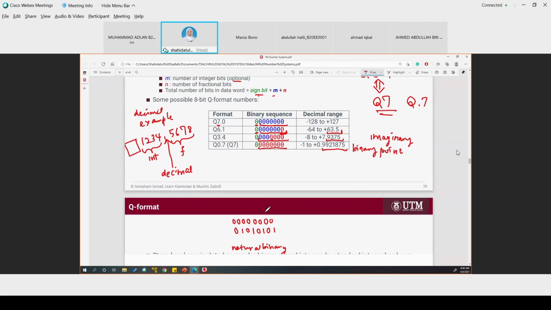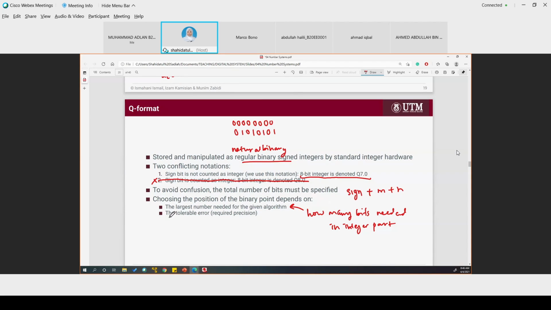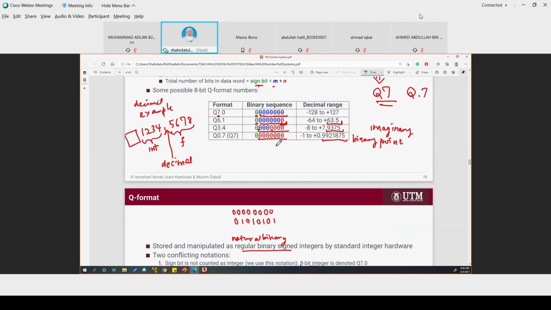But you also need to consider the tolerable error: how much error in the calculation is acceptable in your system. When we require precision, we need a fraction.